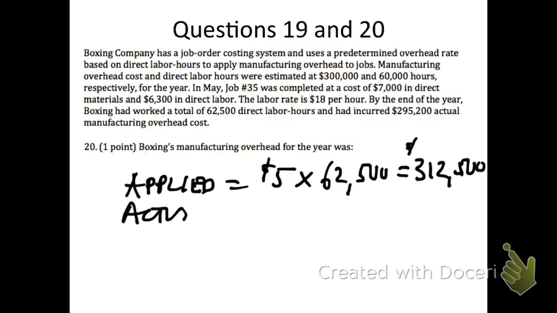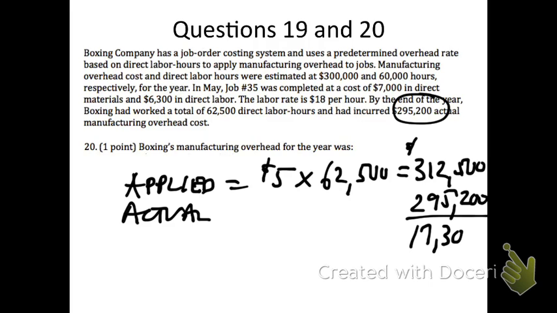Then we compare that to actual. Actual overhead is 295,200, and so the difference between that is 17,300. And since applied is more than actual, we are over-applied.